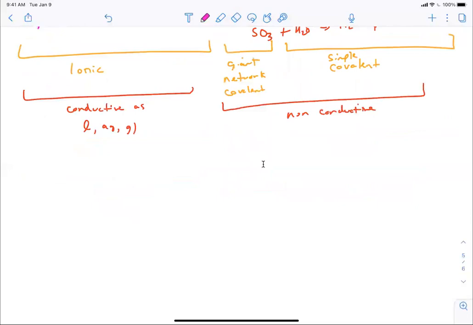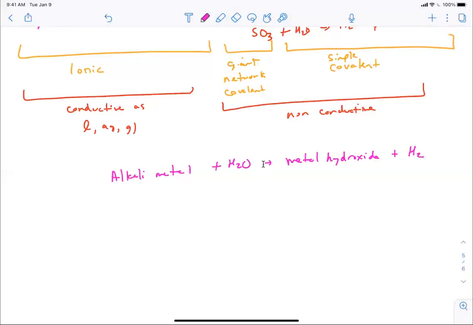Other reactions you need to know: alkali metals with water. An alkali metal with water forms the metal hydroxide and H2 gas, because you're making hydroxides, and every water is a hydroxide with an additional H. So there's extra H that is turned into a gas that's then released.